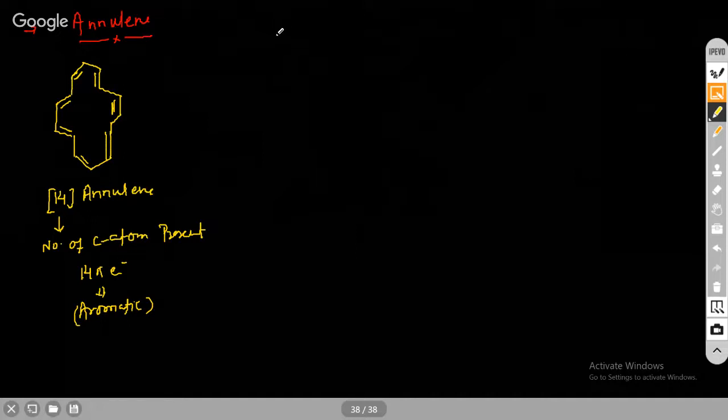Another one you see. How many pi electrons? What is the name of this compound? What should we write as the name of this compound?